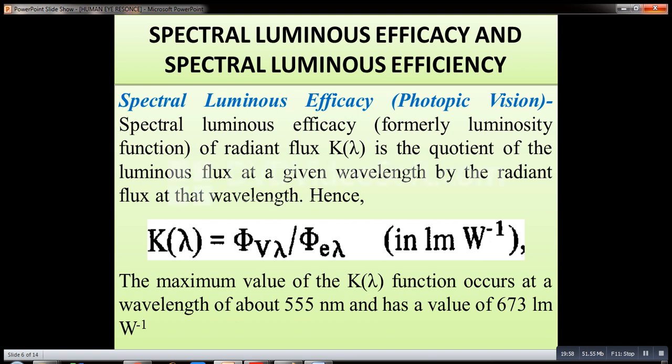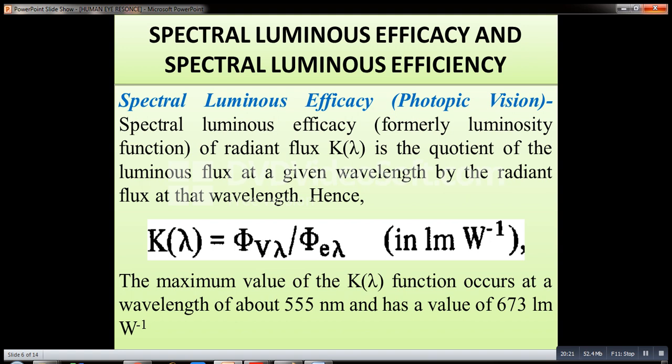Radiant flux includes all electromagnetic waves emitted, while luminous flux is weighted according to a model of human eye sensitivity to various wavelengths.